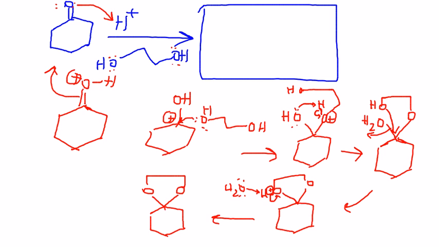So it's important to make sure that you start with a 6-membered ring, and you're basically protecting that ring using this ethylene glycol molecule. Of course, if it's a box problem, you really don't need to show me the mechanism, but I just worked through that for you just in case you had a question about it.